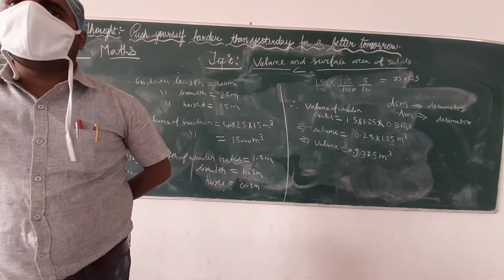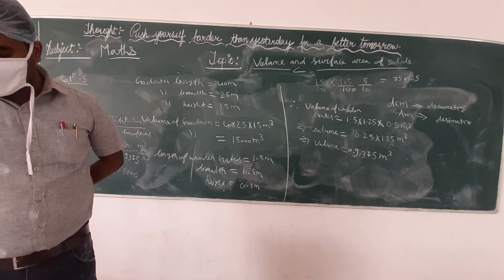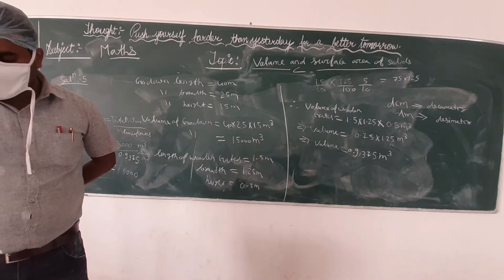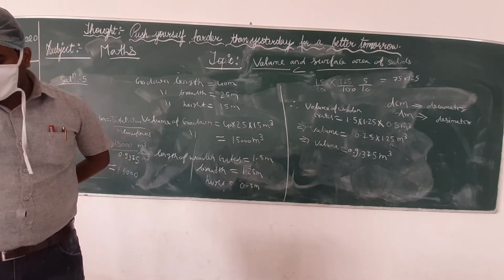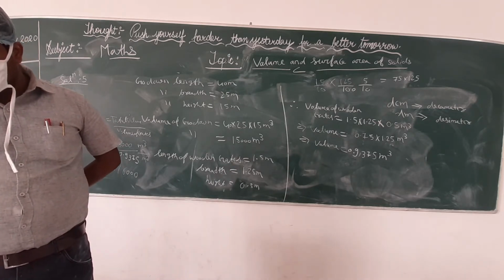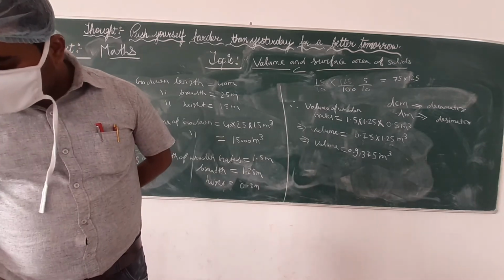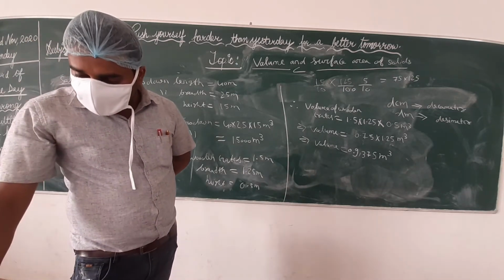Like the same, question number 6: how many planks of dimension 5 into 25 into 10 centimeter can be stored in a pit which is 20 meter long, 6 meter wide and 80 centimeter deep. You see that the dimensions of the planks are given.